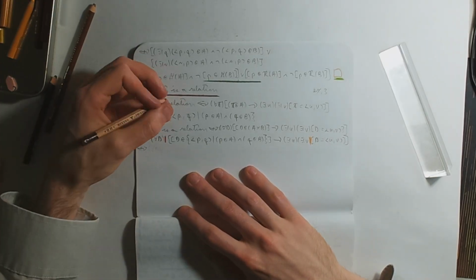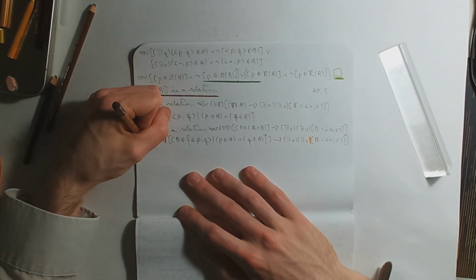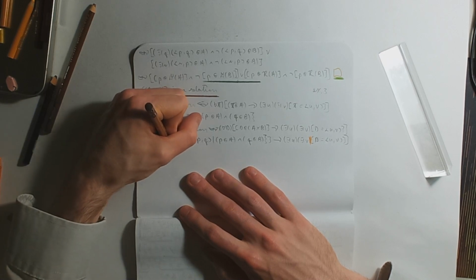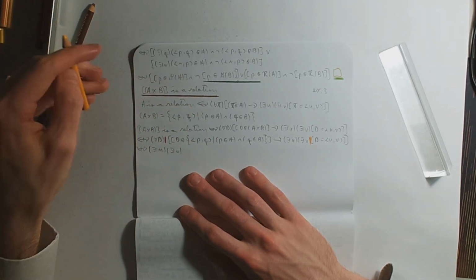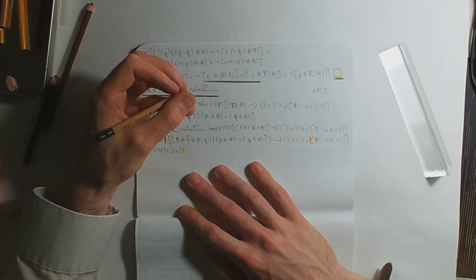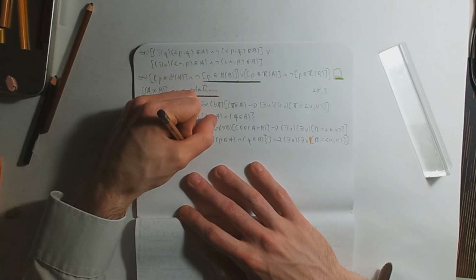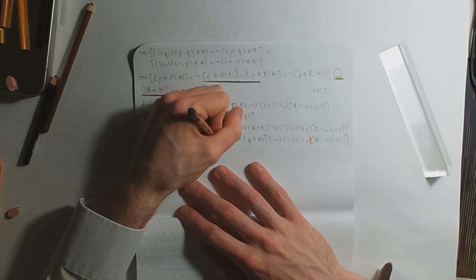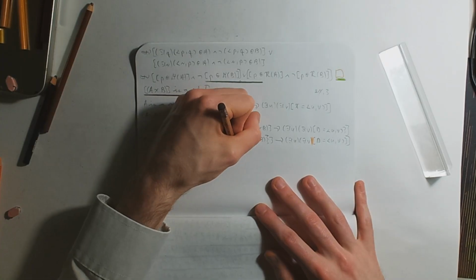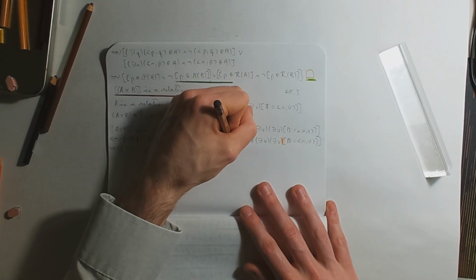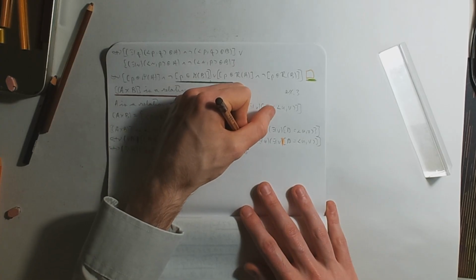If and only if there exists an M and there exists an N such that D is equal to the ordered pair MN, and M is an element of A, and N is an element of B.